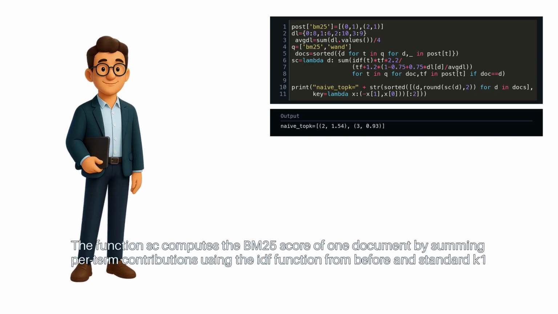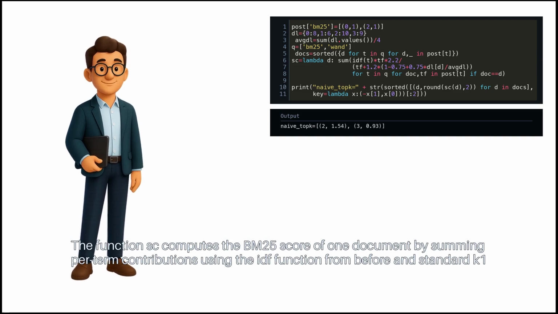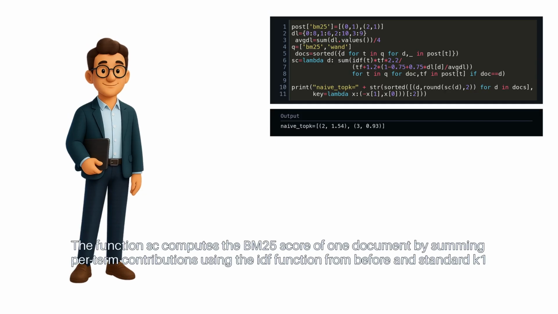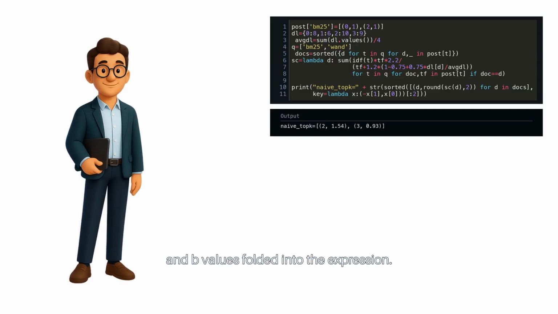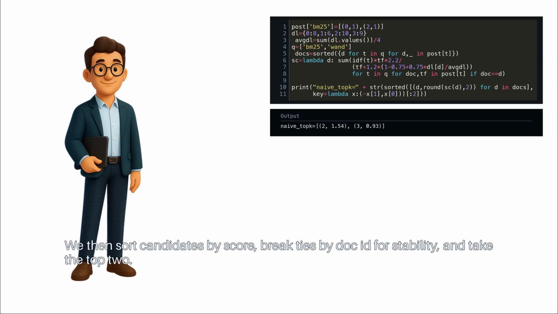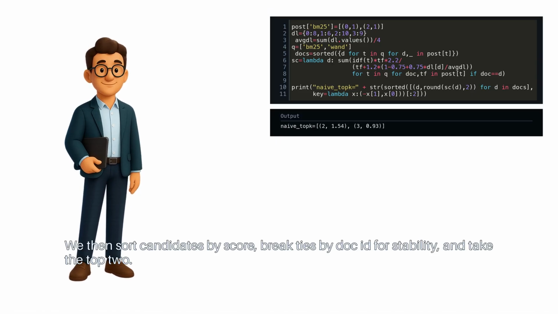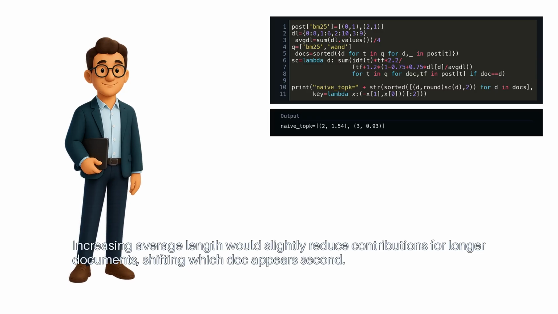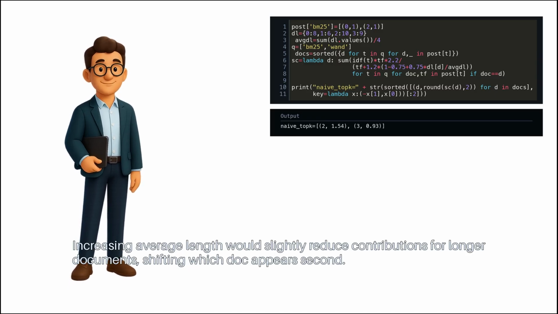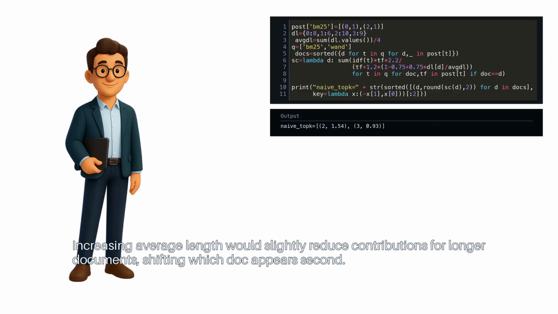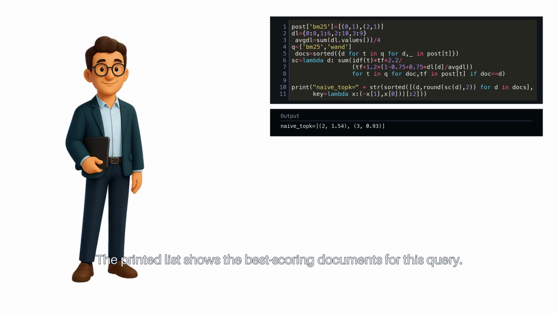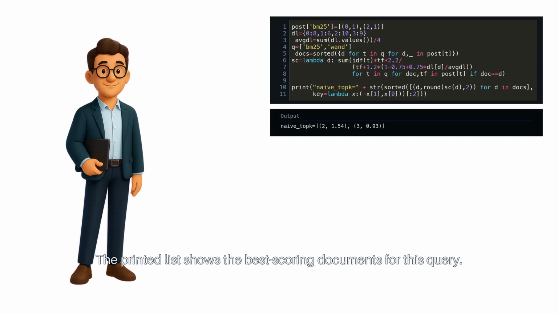The function SC computes the BM25 score of one document, by summing per term contributions using the IDF function from before, and standard K1 and B values folded into the expression. We then sort candidates by score, break ties by doc ID for stability, and take the top 2. Increasing average length would slightly reduce contributions for longer documents, shifting which doc appears second. The printed list shows the best scoring documents for this query.